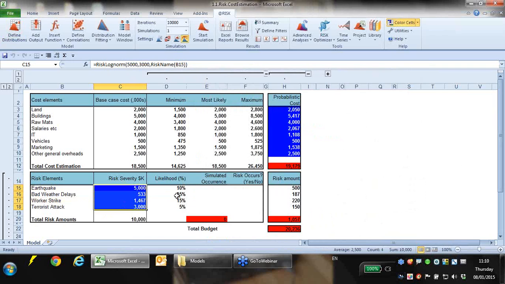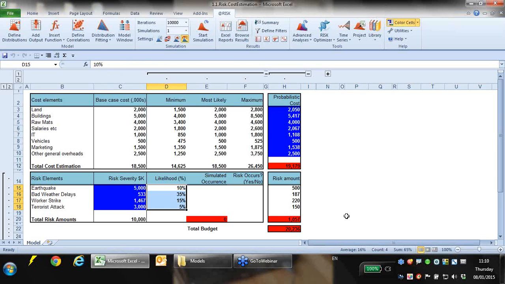Now the second part of a risk register is the likelihood. So how likely is it that a risk is going to happen? For each of these risks, we've given a percentage as to how likely they are to happen within a given time period, let's say a year.